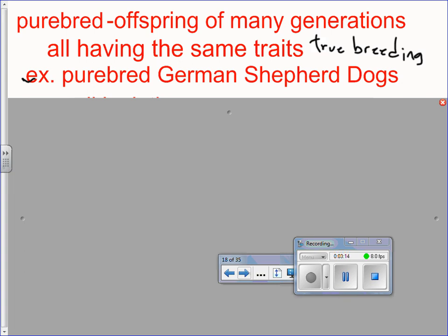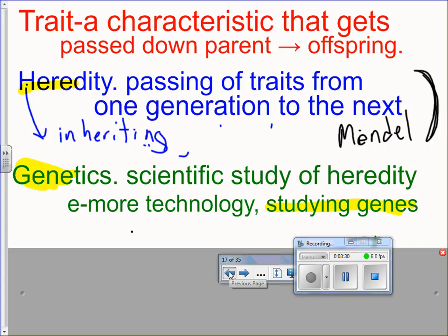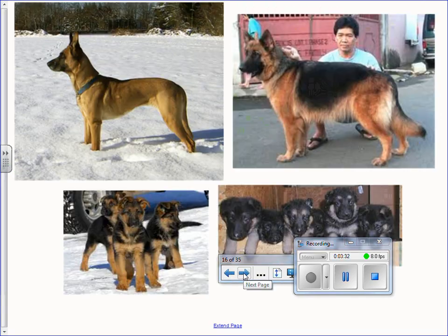Now, when we think of purebred, we think of an animal like a horse or a dog that has not just one trait that's purebred, but lots of traits that are very, very similar, right? And next week we're actually going to come up with another, more scientific word to look at, because purebred just for one trait is not quite accurate.